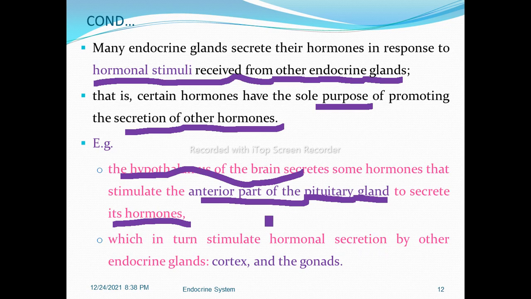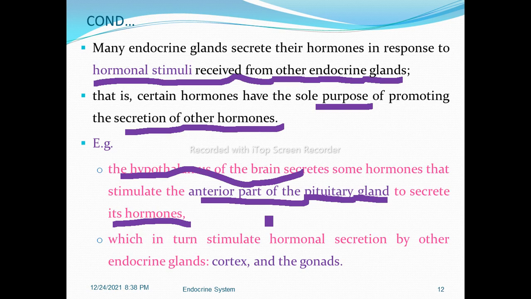If you take for instance thyroid, thyrotropin releasing hormone is secreted by the hypothalamus, and thyroid stimulating hormone is secreted by the pituitary.